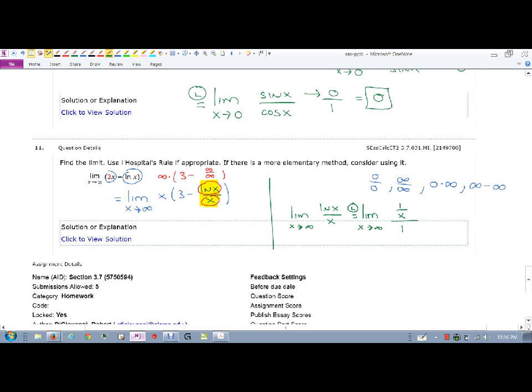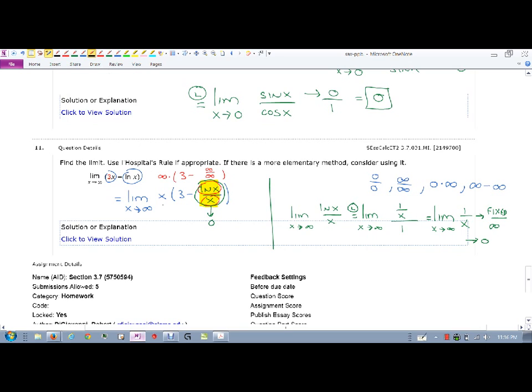Derivative of the bottom is 1. So this is the limit as x goes to infinity of 1 over x. And that's a fixed number divided by something that's becoming infinite, which goes to 0. So this right here heads to 0.